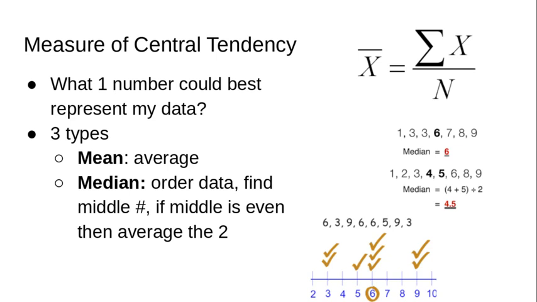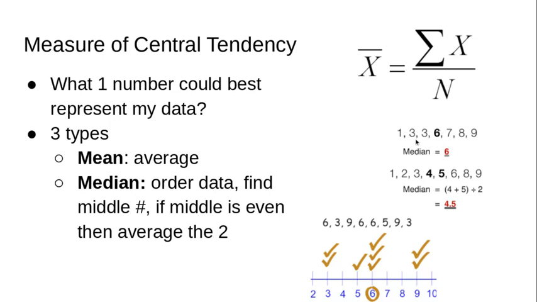The median is really like a median in a highway, the thing that runs down the middle of the road. It's the number in your data set once you have your data in sequential order. So to find the median, the first thing you're going to do is order your numbers from small to big, and then find the middle number.